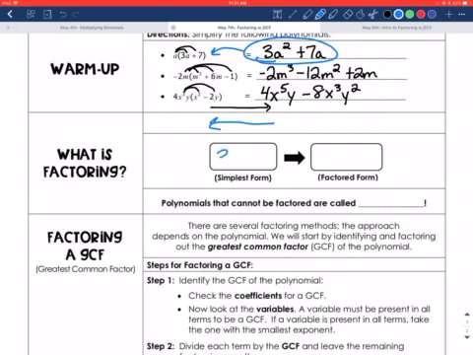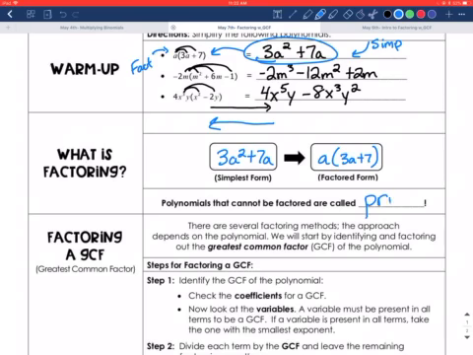So 3a squared plus 7a. And then in factored form, we would have that taken out. So I don't know what we have for the answer key there, but for this one, factoring in the simplest form would be here. And the factored form would be this one. So we're going backwards, kind of like what I was talking about.